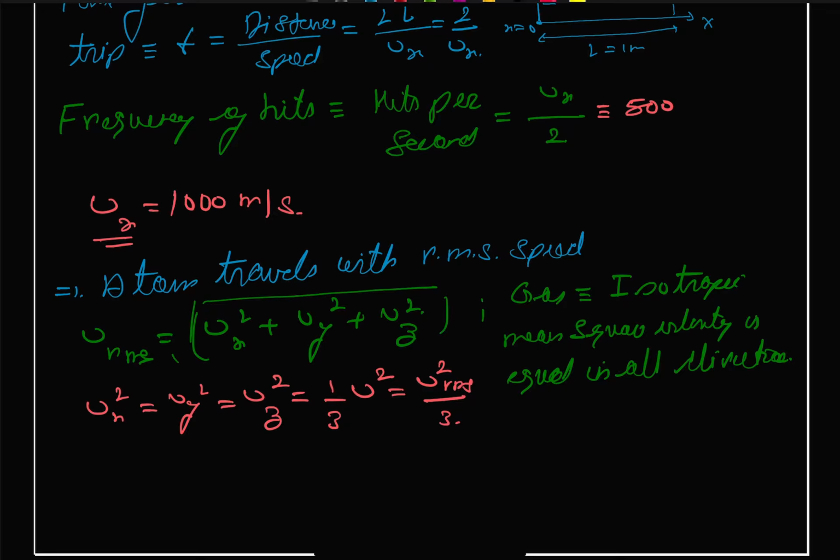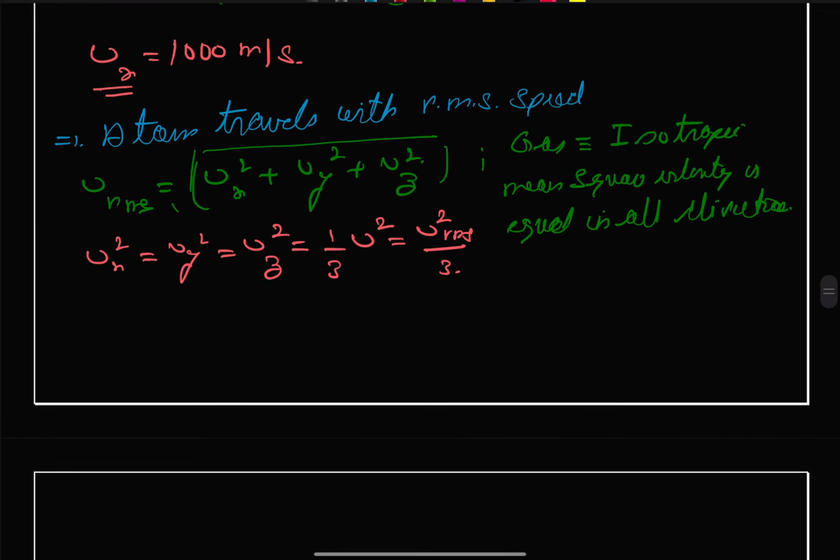Thus from here we can write v RMS upon square root of 3 will be equal to v x.